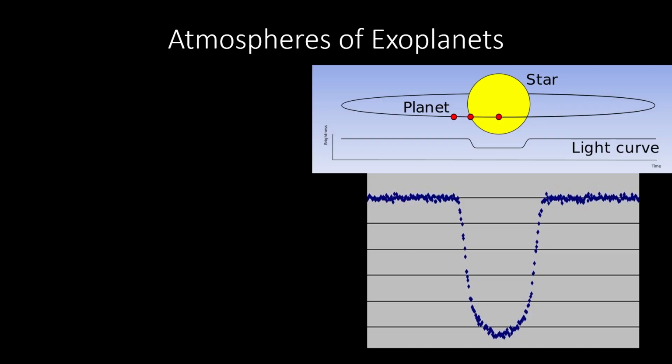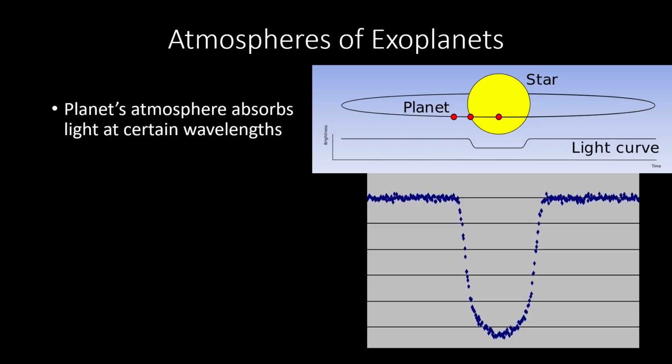By the way, the Earth, if you observed it from an alien planet in another solar system, looking at the Sun, if you happen to lie in its orbital plane, it would only drop by 1 part in 10,000. You could easily detect the Earth this way. That's how we do most of these. Well, as that planet moves in front of that star, its atmosphere around the perimeter of that planet is actually going to absorb light at certain wavelengths.